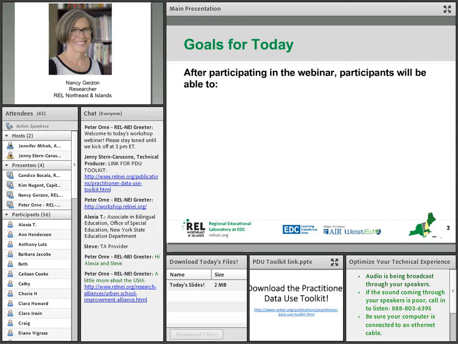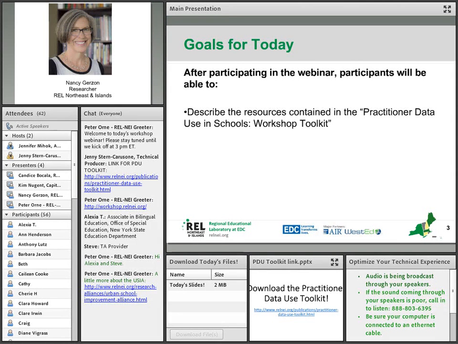And in particular, we're going to describe what's in the Practitioner Data Use in Schools Workshop Toolkit and talk specifically about some of the structure of that and also some of the templates and tools that can be used as you do the workshop itself.